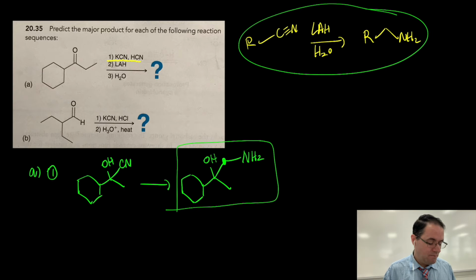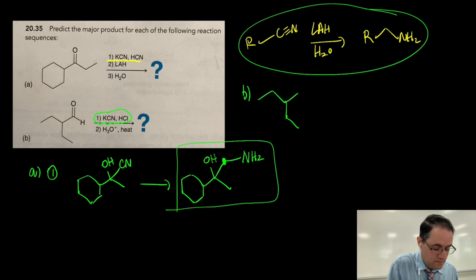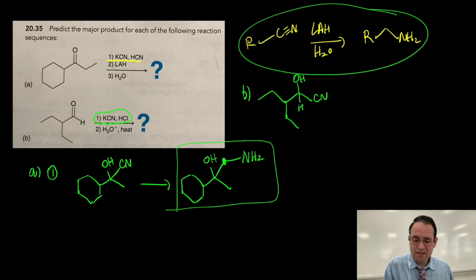In part B, in the first step, we form the cyanohydrin, okay, the cyanohydrin. And I'll just sketch in the hydrogen there in case you're a little bit uncomfortable with me leaving off that hydrogen.